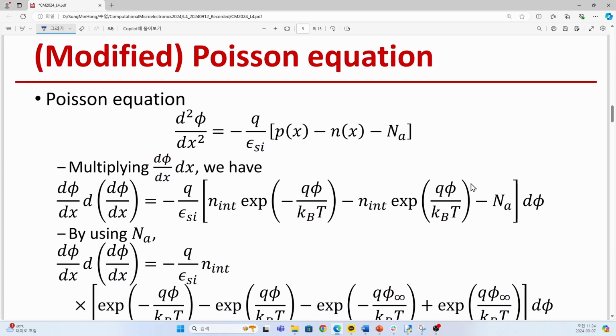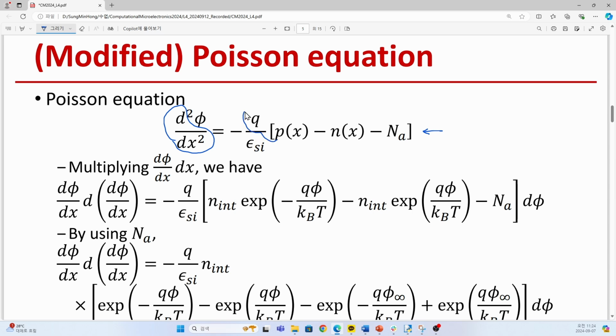The answer is the Poisson equation. We must solve the Poisson equation for the domain semiconductor, the domain, and it is shown here. Yes, this is the Poisson equation. The second derivative of our electrostatic potential should be matched to the net charge density.